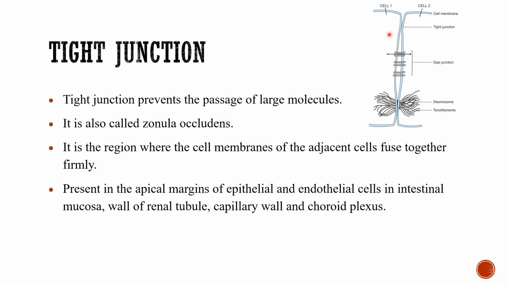Here you can see these tight junctions are especially present in the apical margins of epithelial cells. Why are these present here?